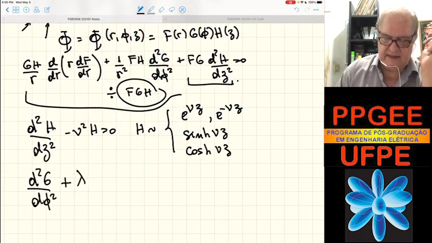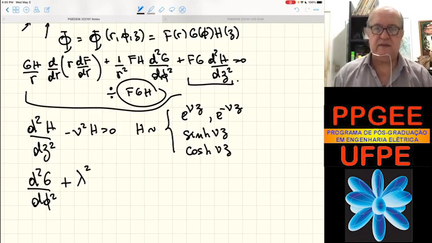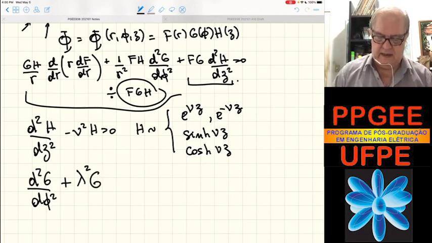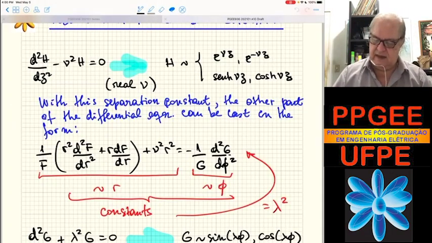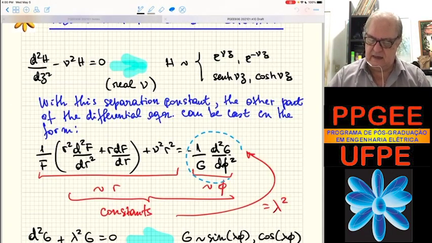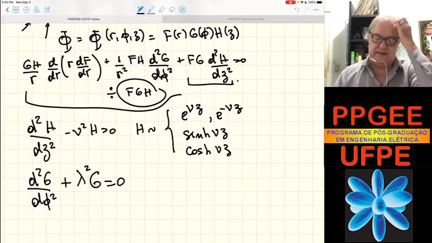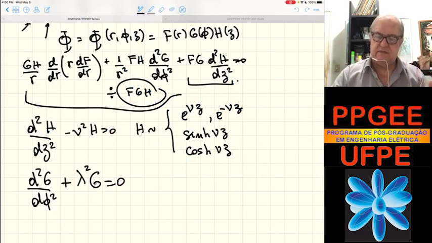Plus lambda is a second separation constant, right? So with that choice, I mean, choosing this thing here equals plus lambda squared, we end up with this equation, right?